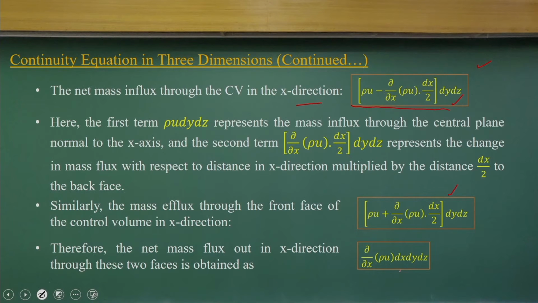These two terms cancel each other out, and dx dy dz is combined. You will get the net mass flux out in the x direction through the two surface faces. It will be this part.